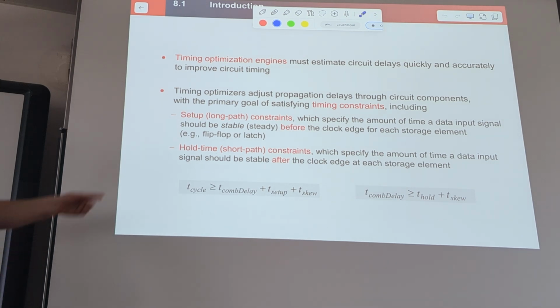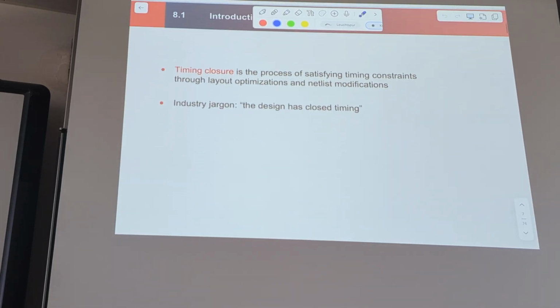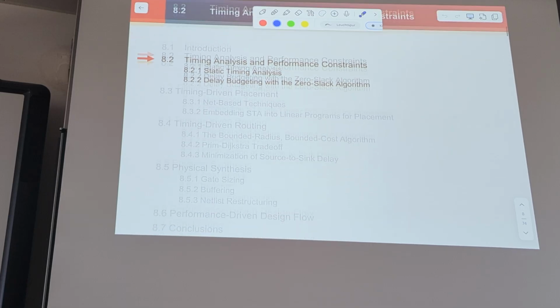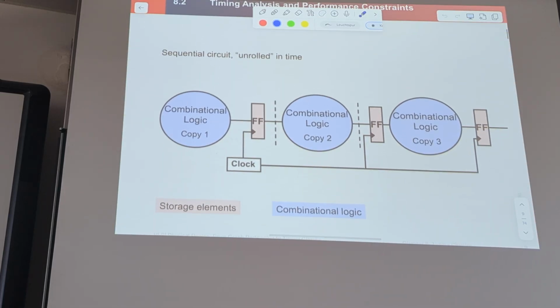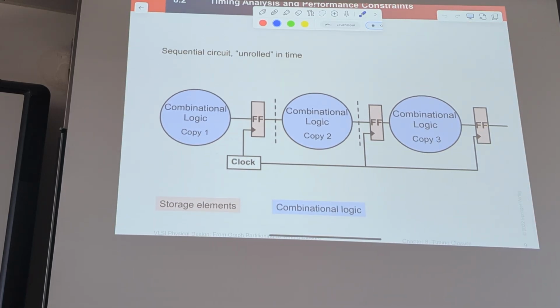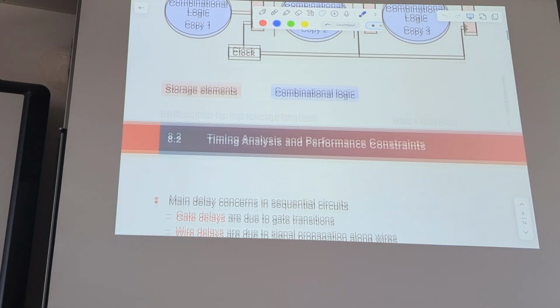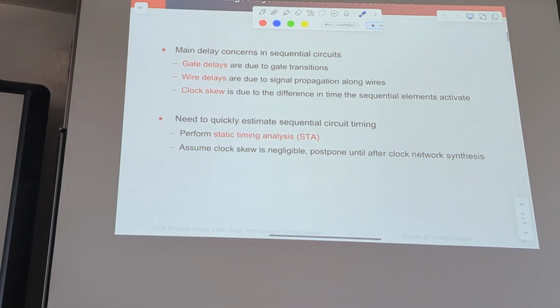So we did that already here, what setup and hold violations and timing closure were, and we had a look at that in the previous slides. So that's what we know already, the combinational cloud with flip-flops in between. What was skipped in the previous slides is that we have gate delays, but also wire delays.